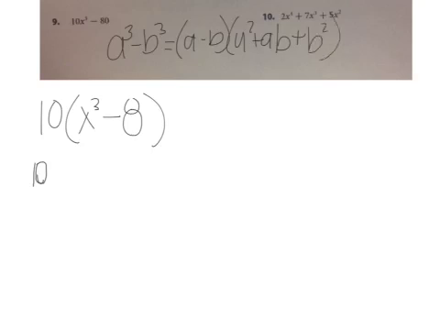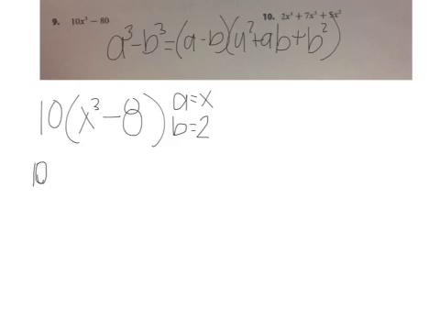how to use them. So from what I see here, my a would equal x, because the cube root of x cubed is just x. And my b is going to be 2, because I'm considering b is just that 8, and the cube root of that is 2.